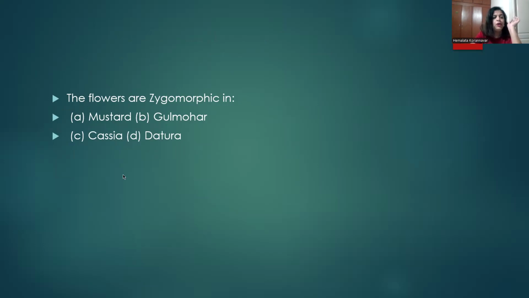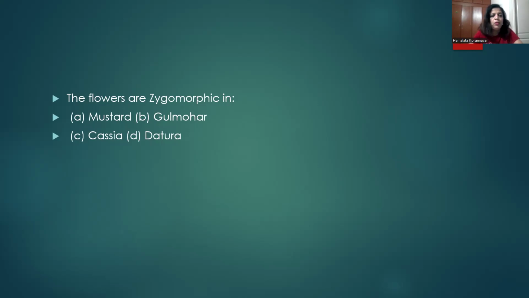That's the right answer. The next question is about flowers that are zygomorphic in. Zygomorphic comes under the chapter morphology of angiosperms. Zygomorphic means the flower which cannot be cut into two equal halves passing through the center. Here mustard is an actinomorphic flower. Gulmohar, cassia, datura. Gulmohar is slightly zygomorphic.